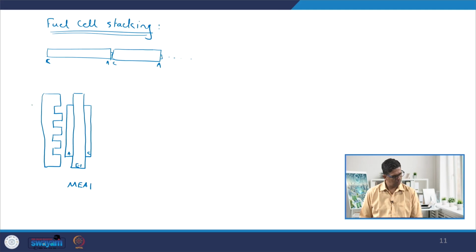Somehow we supply hydrogen on this side, and once it enters those channels, hydrogen can then be supplied to the diffusion layer, and through the diffusion layer it will reach the catalyst site or catalyst layer, and this is our diffusion layer on both sides.